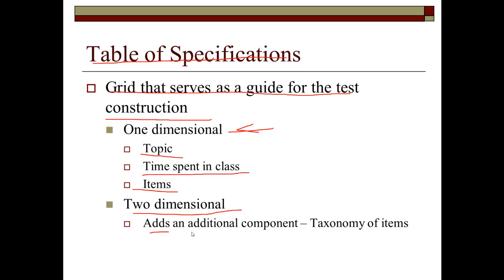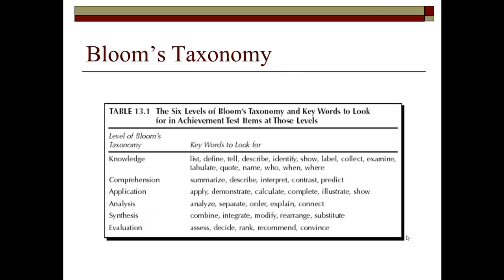Two-dimensional adds an additional component. It's a taxonomy of items, and they can range in difficulty, sort of. You have an example of that here in Table 13.1 of Bloom's taxonomy.